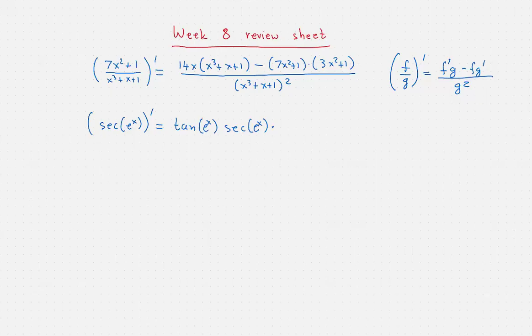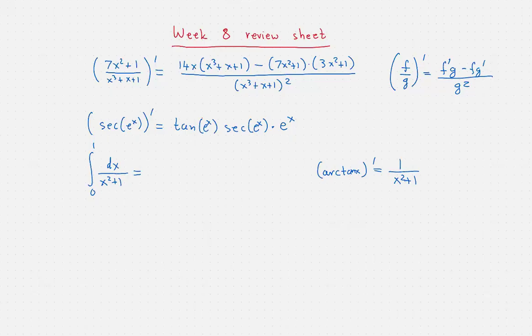Then I have an integration. I have the integration from 0 to 1 of 1 over x squared plus 1. Here we need to recall that the derivative of the arctangent is precisely 1 over x squared plus 1, which means that the antiderivative of 1 over x squared plus 1 will be the arctangent.